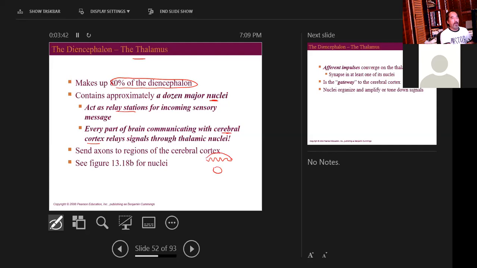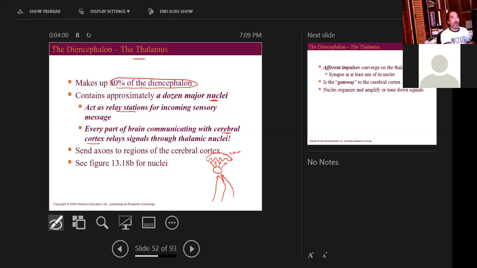Anything that comes out from the sensory messages will always pass through the diencephalon, and the diencephalon will direct it to the cerebrum. So it's like a relay station into the cerebrum.